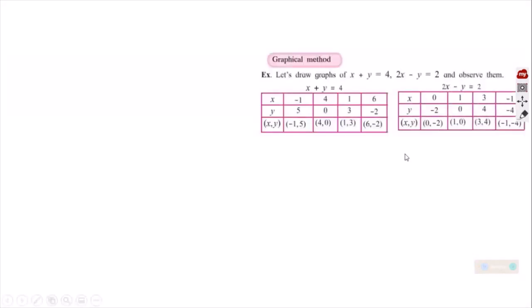So let us start from the same simultaneous equation which we had done before. These were the equations which were done in the previous video using the elimination method and substitution method.